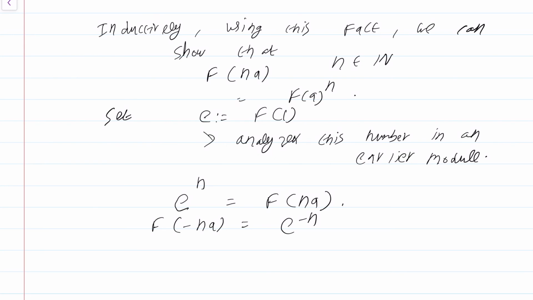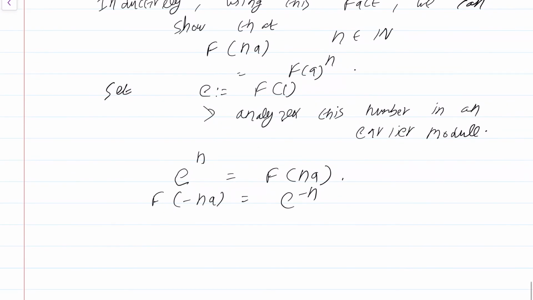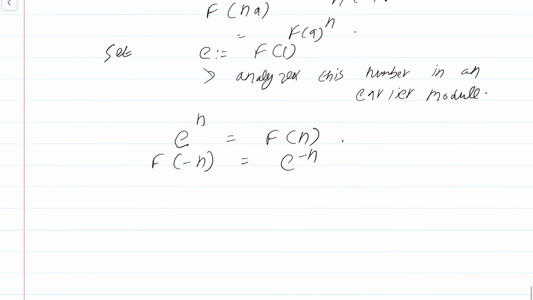Sorry, there's no a in these equations. So e power n is f of n and f of minus n is e power minus n. So at least for all x in Z, we have e power x is equal to f of x.